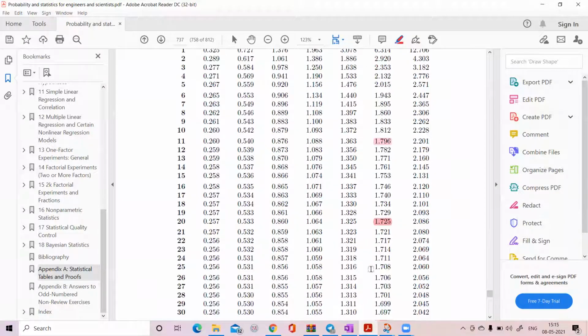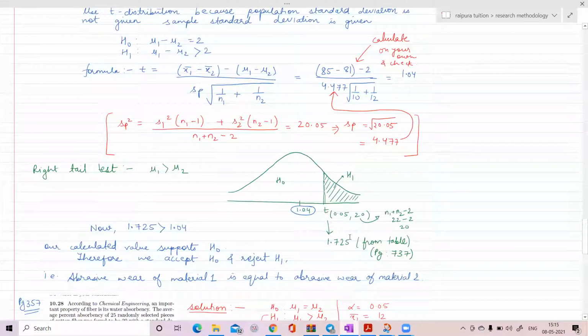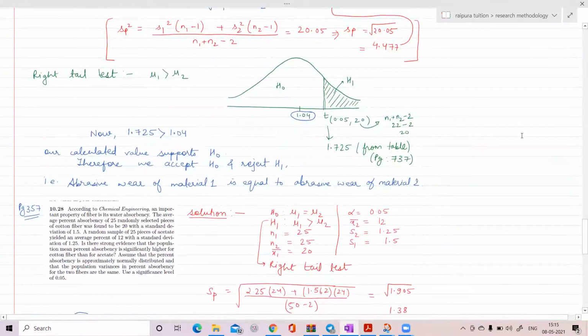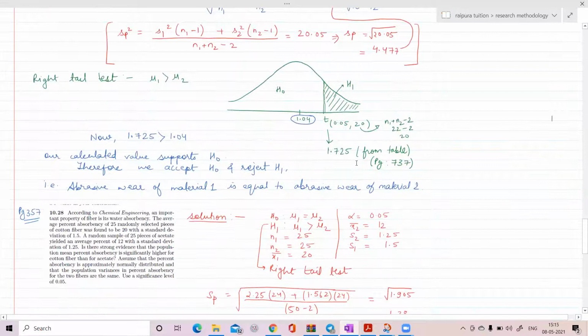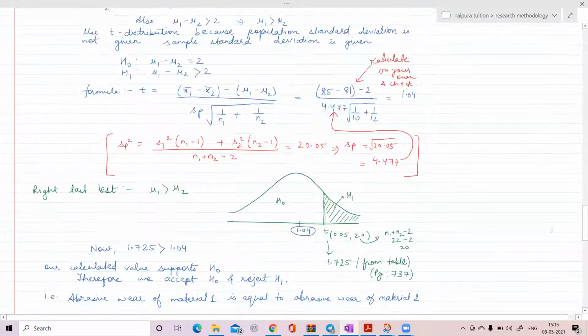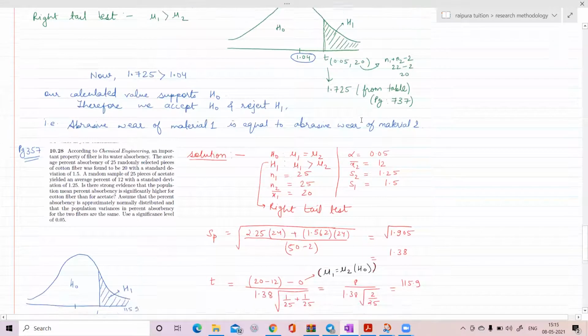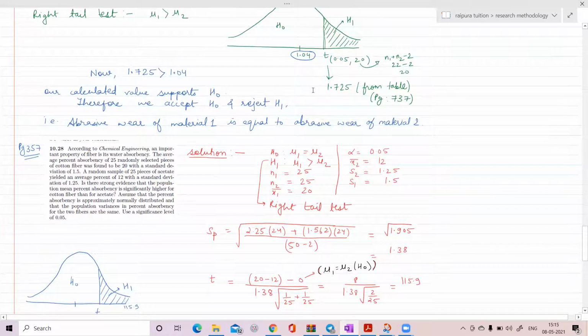So it is 1.725. And we can see that 1.04, our calculated value, supports H0. So we will accept H0 and we will reject H1.